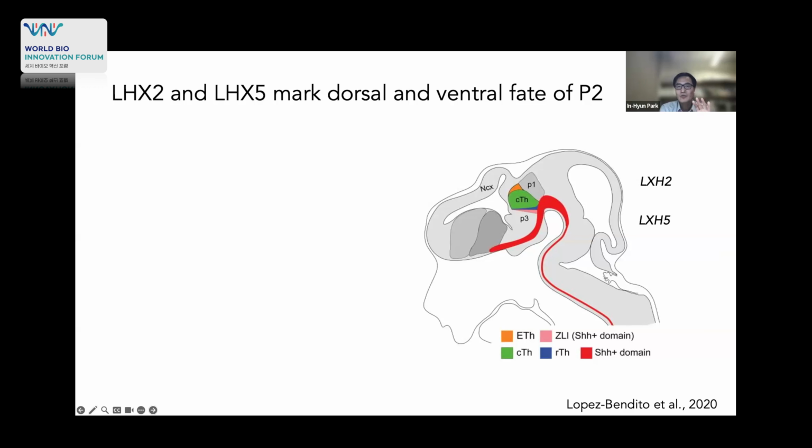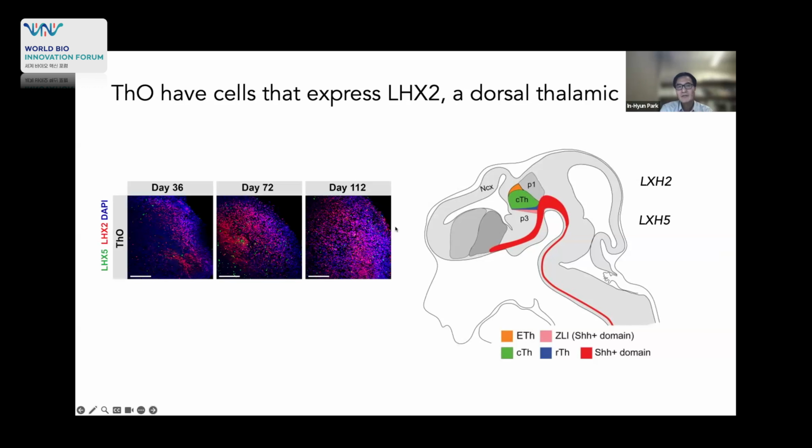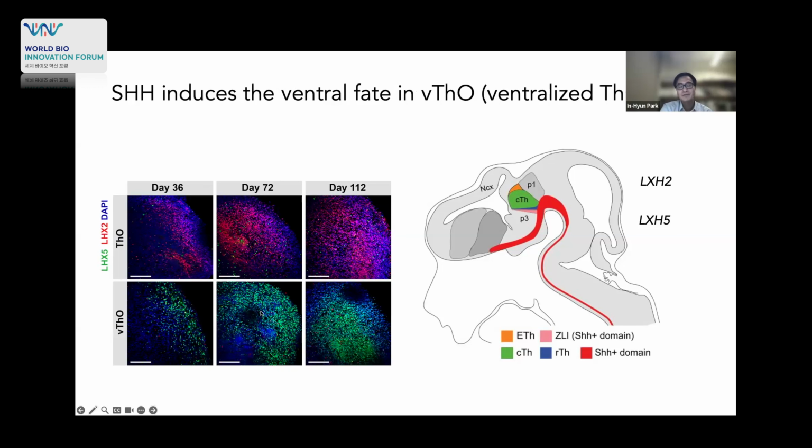By using these two protein expressions, we try to define either dorsal or ventral fate. Without adding any sonic hedgehog, when we stain the thalamic organoid with LHX2 and LHX5, as you can see here, the organoid highly expresses LHX2, meaning they are mostly dorsally fated, and there is a small number of cells that express the green LHX5, but the number is quite small.